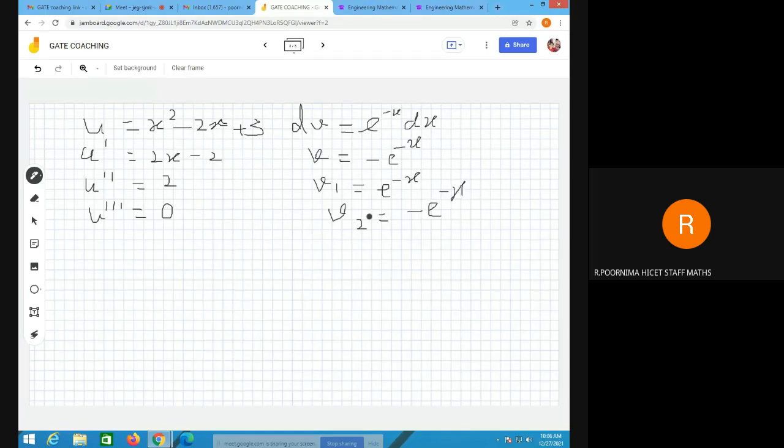Now we substitute these terms in Bernoulli's formula.